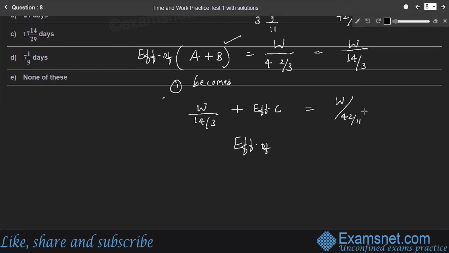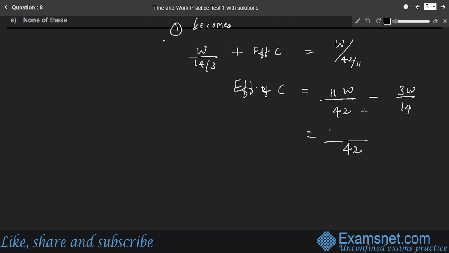RHS becomes 11W by 42 minus 3W by 14. Since 42 is the LCM, 14 into 3 is 42. So numerator becomes 11W minus 9W. So we have 2W by 42, or W by 21. Efficiency of C is W by 21.